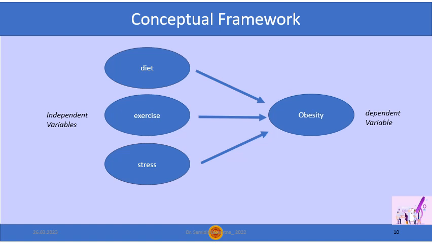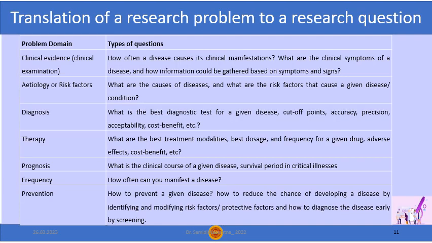So we can show the direction of the relationship like this. The independent variables, the diet, the exercise and the stress, lead to the obesity. So this is a very simple format of a conceptual framework.